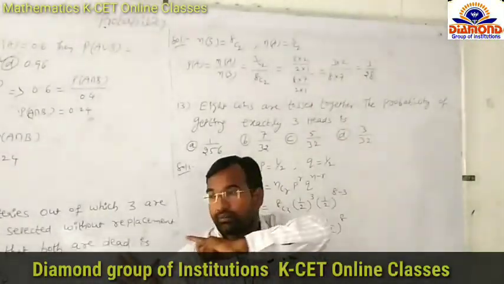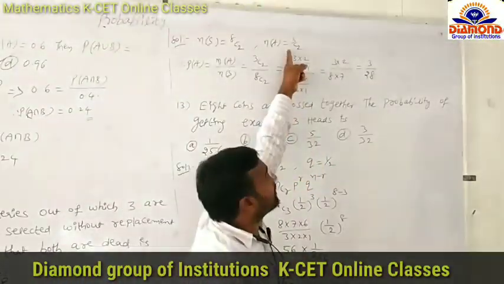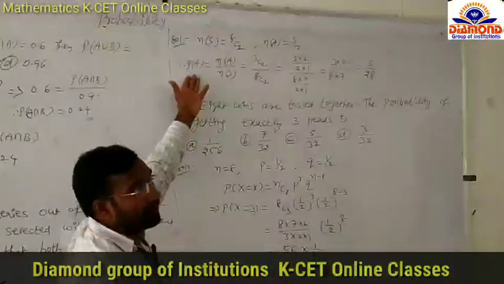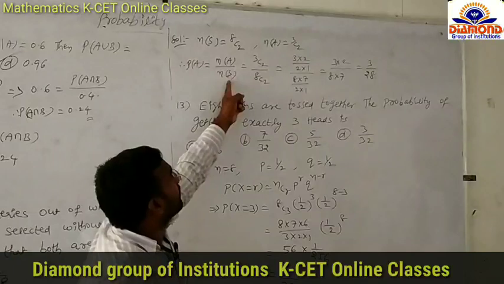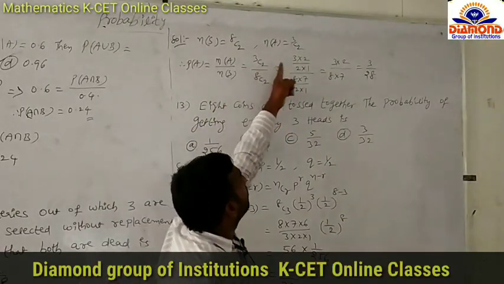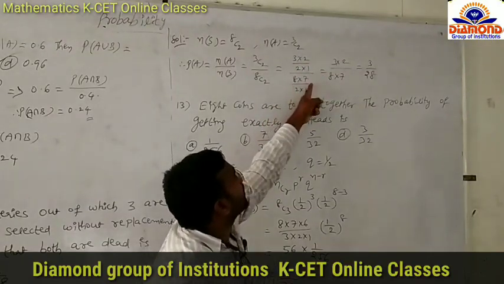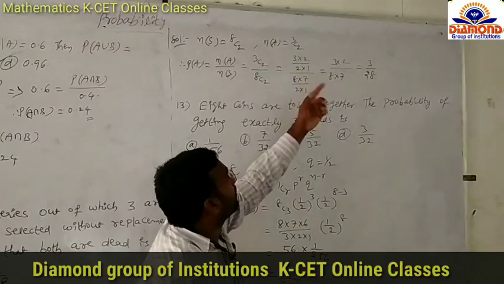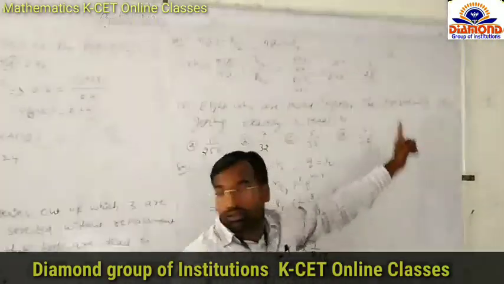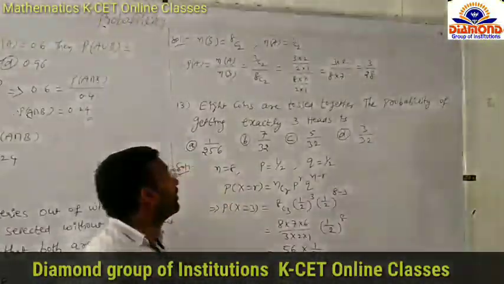The required probability is P of A, which equals N of A by N of S, equals 3C2 by 8C2. 3C2 is 3 into 2 by 2 into 1, over 8C2, which is 8 into 7 by 2 into 1. The 2 into 1 cancels. So the calculation is 3 by 28. So option is D. Next problem.